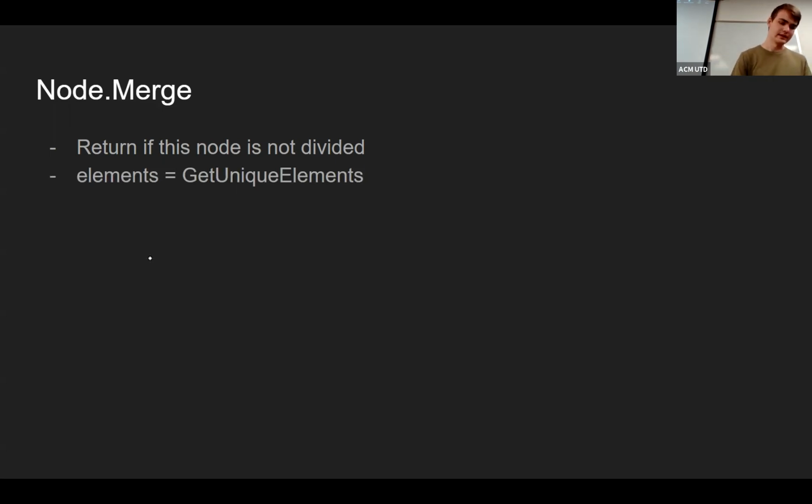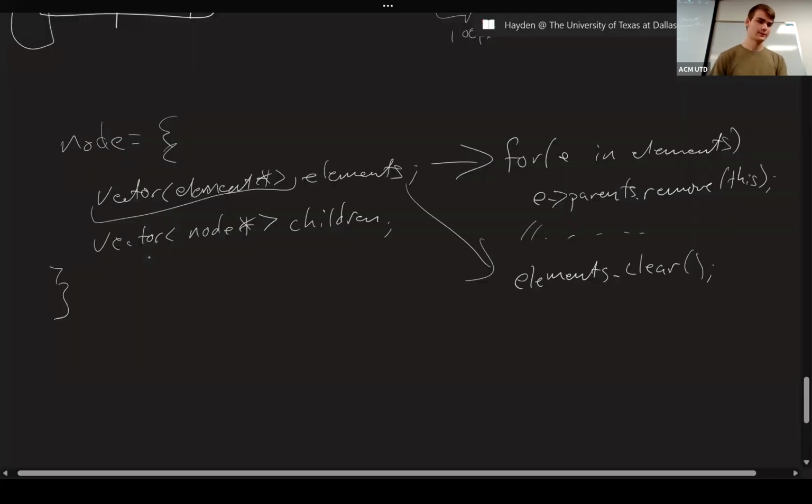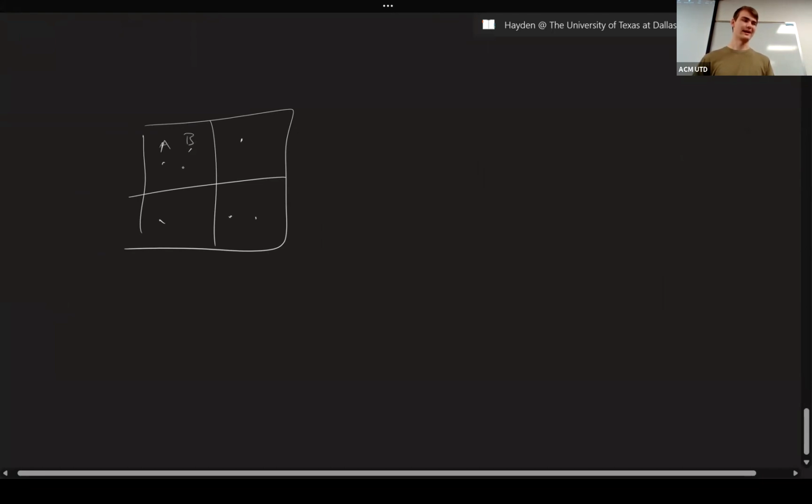The next thing we do is sort of weird. It's an operation that returns a set of elements in all of my children recursively. So if I'm this node and I have these children with those elements in those children, and actually I should draw these as rectangles because that's the whole idea behind them being a set.